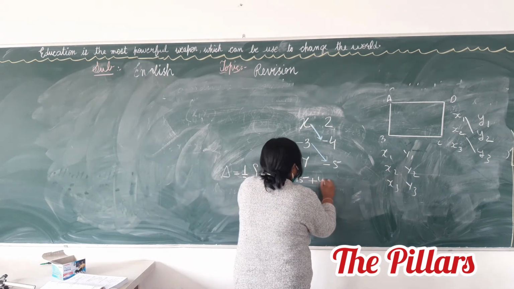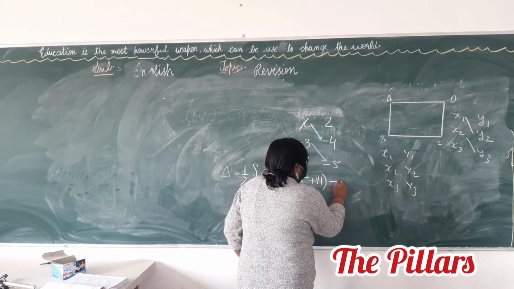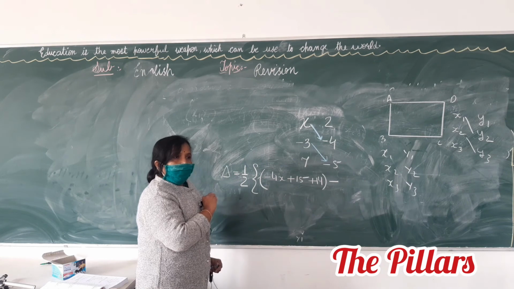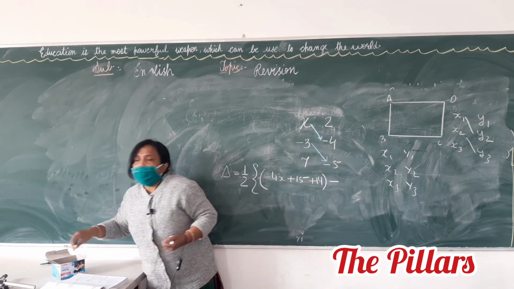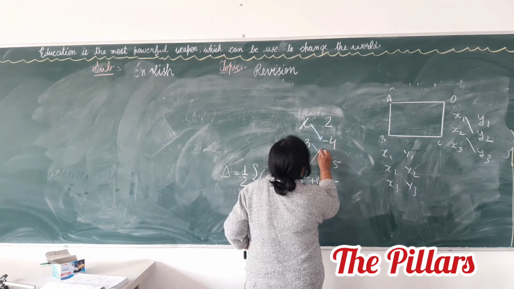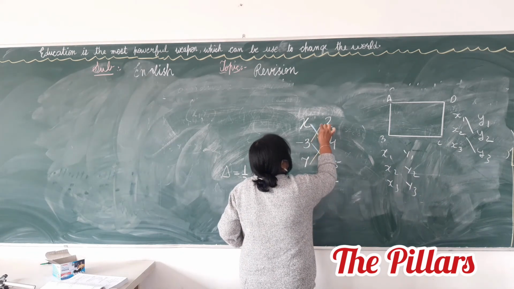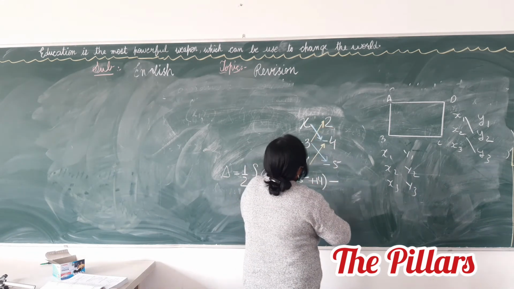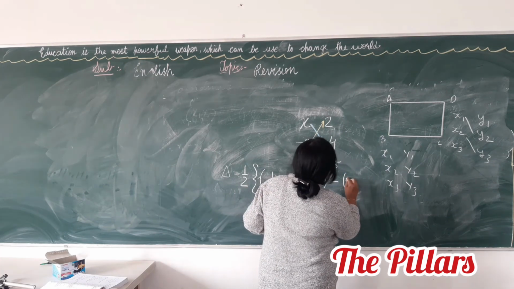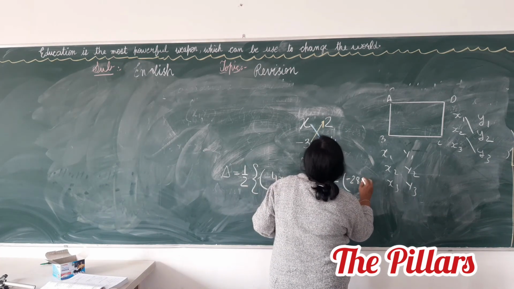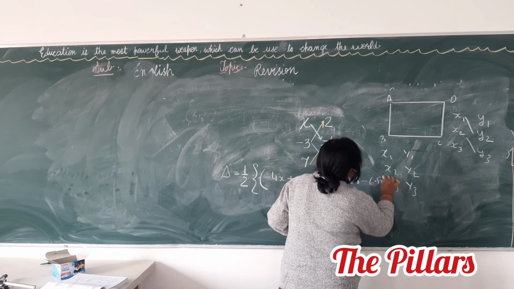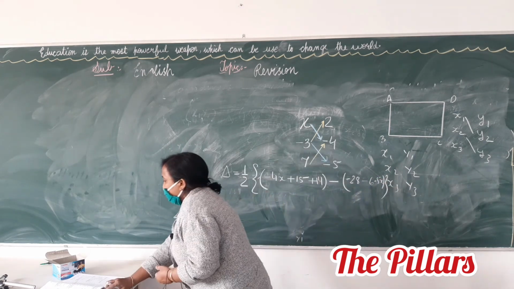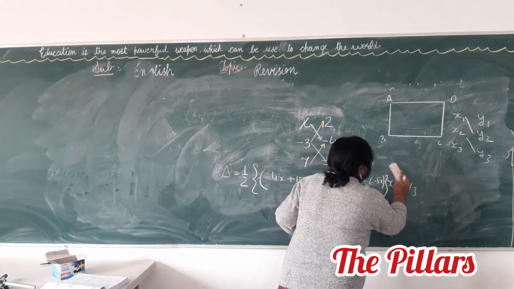Plus 14. Then minus. We will start from where? 7 into minus 4. Minus 3 into 2. What will you get? Tell me. Minus 28. Minus 6. Minus 5x. You got this? This also you cannot do. If you cannot do, then you are good for nothing.